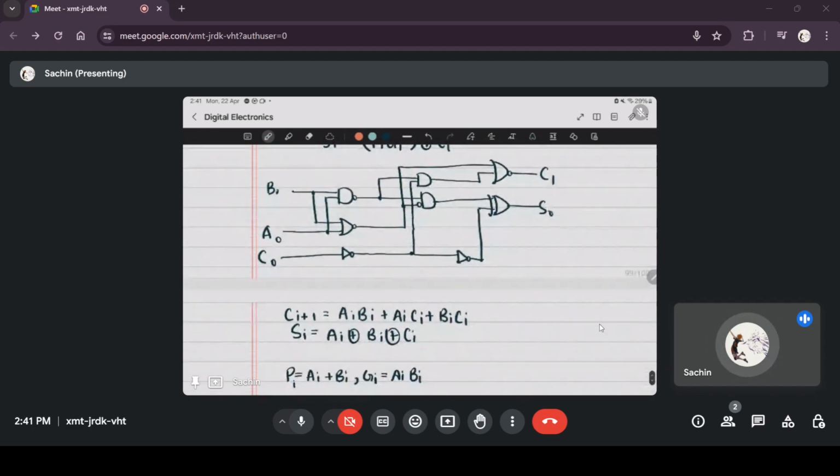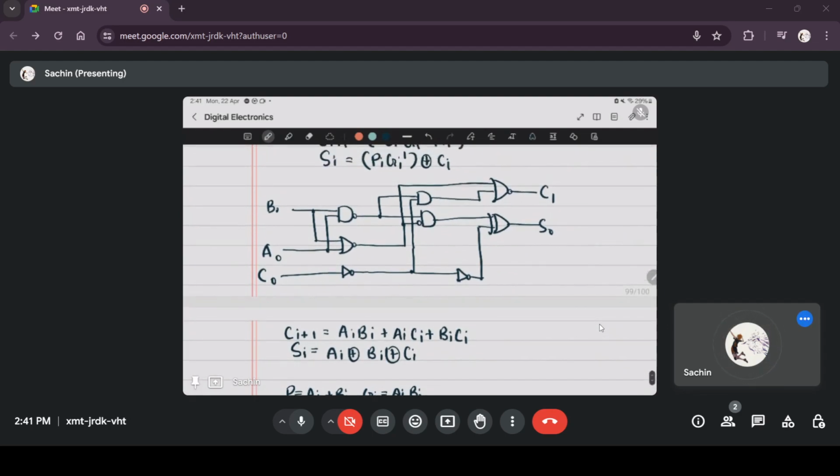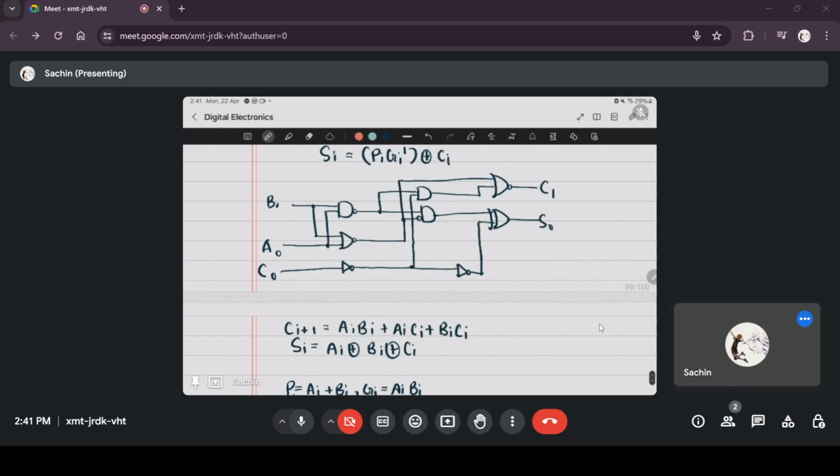So here we will have to get P0 as A0 or B0. So you have P0 complement here. Similarly, G0 is A0 B0.